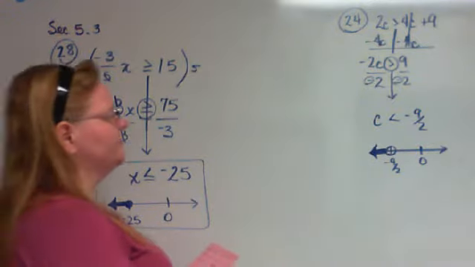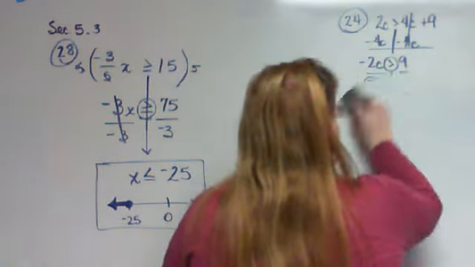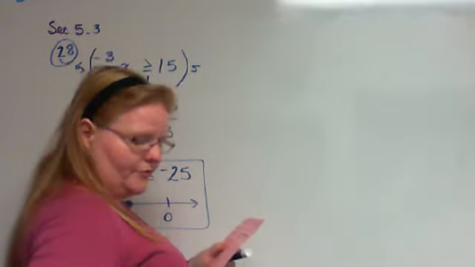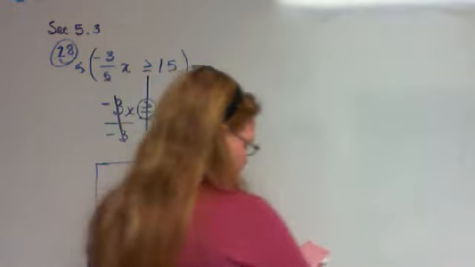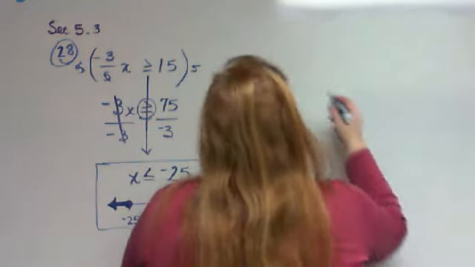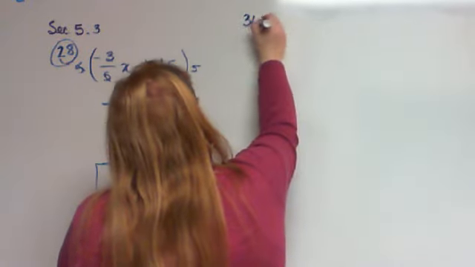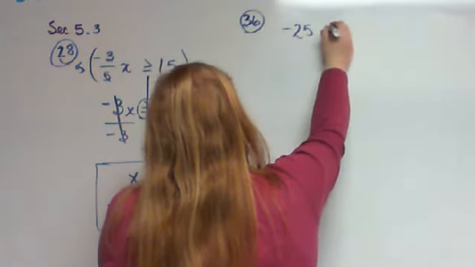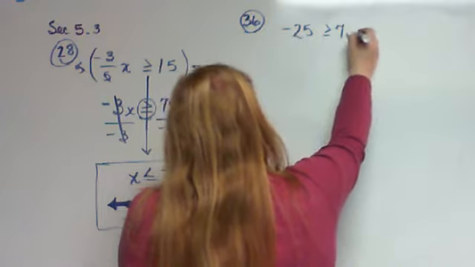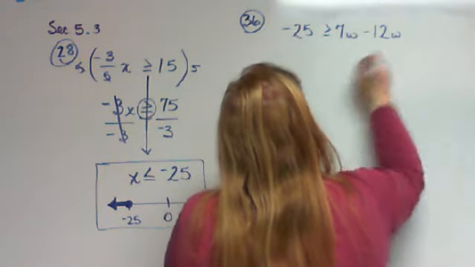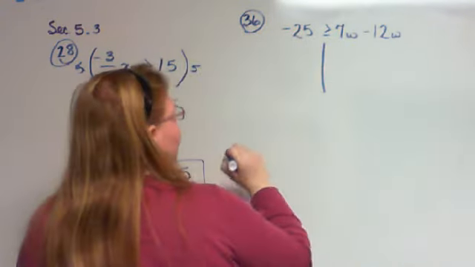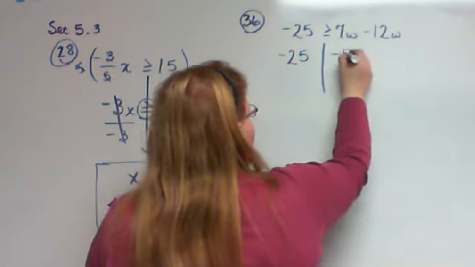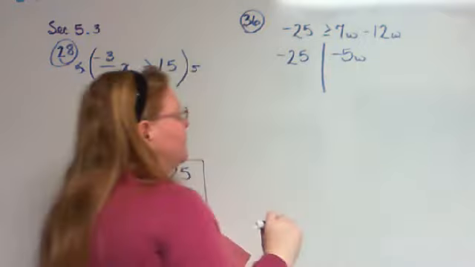And then one more. Number 36. Negative 25 and negative 5w.